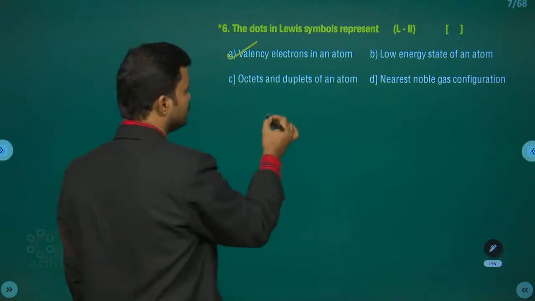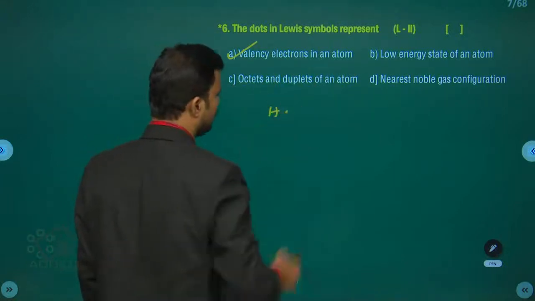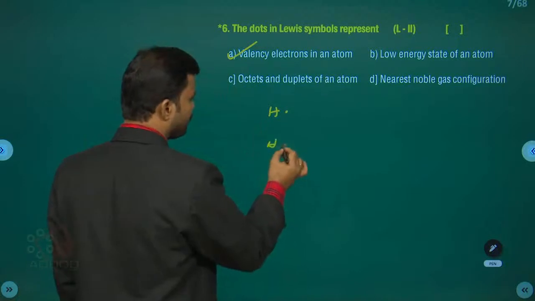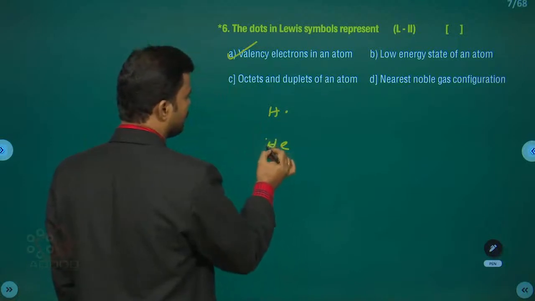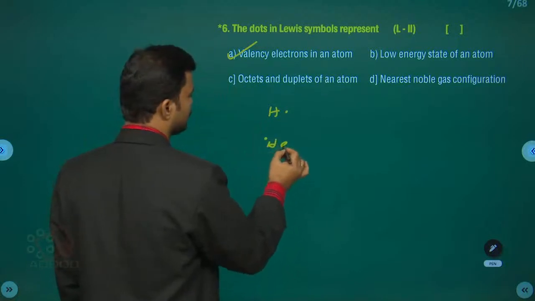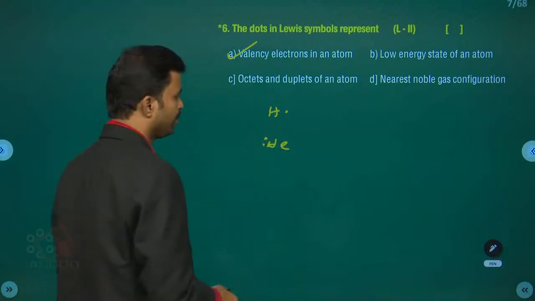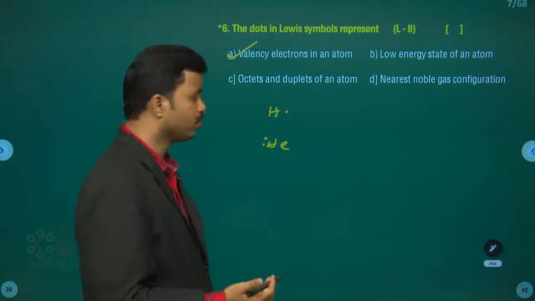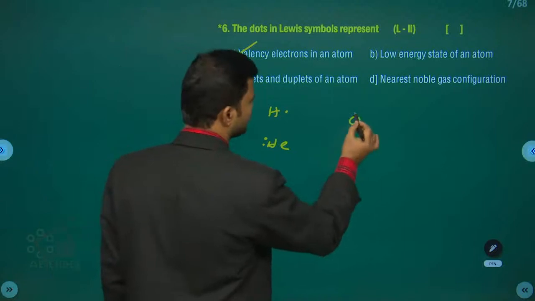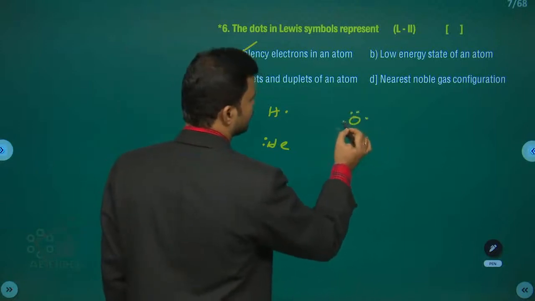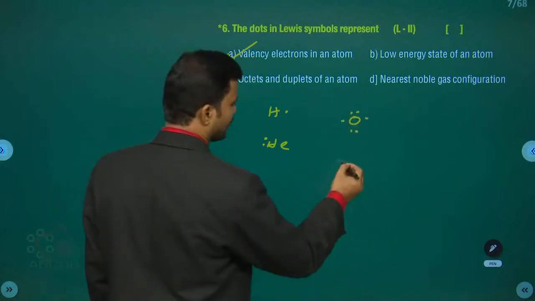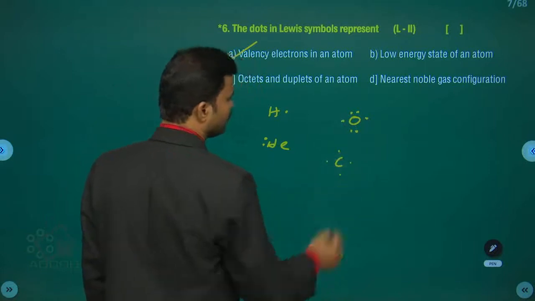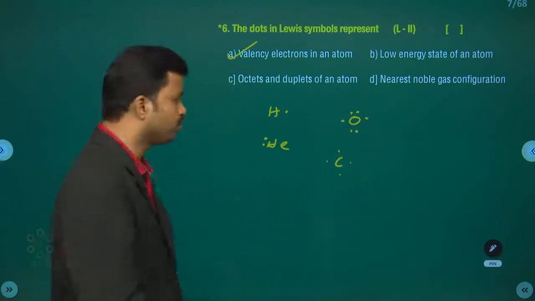If you see the hydrogen atom, this is the Lewis dot model. If it is helium, yes, we have 2 electrons. Last orbit 2 electrons. If you have the oxygen atom, 6th group, this is the Lewis dot model. If it is carbon, valence electrons are 4, carbon 4th group.